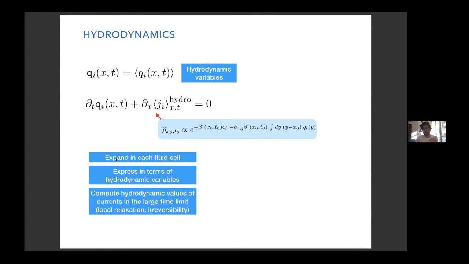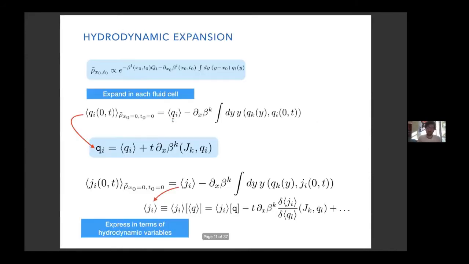So the logic is to first expand in each fluid cell these expectation values, express them in terms of the hydrodynamic variable, and then take some large time limit that you need to make the operators relax to equilibrium. So how do we do it? For example, we have such a state, and we want to compute the expectation value of some charge at some position, for example, 0 and time 0.